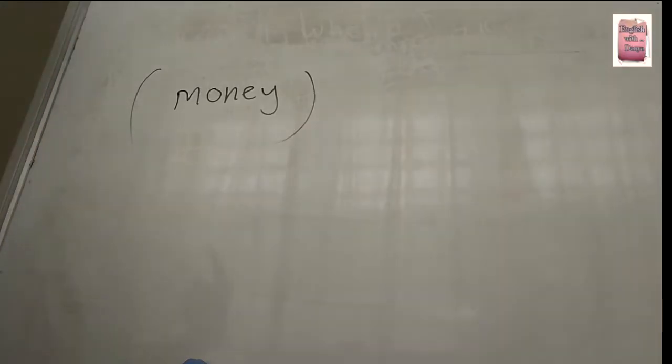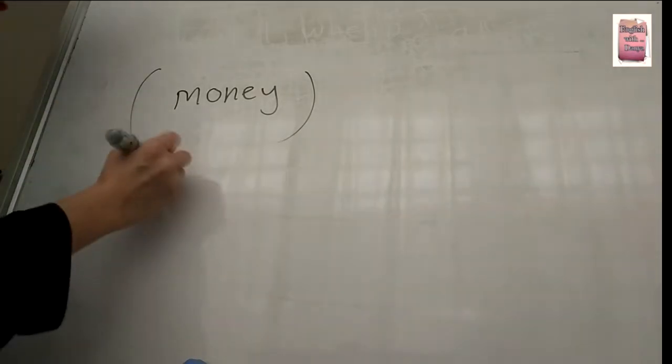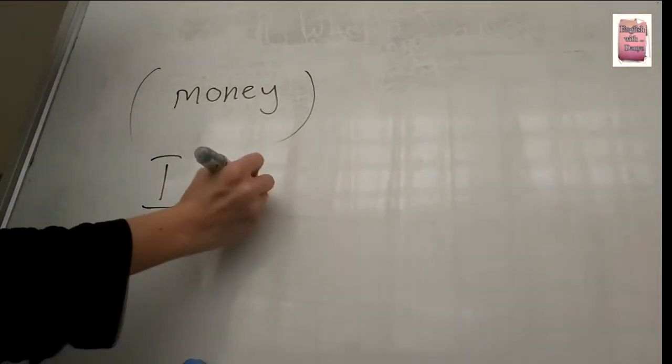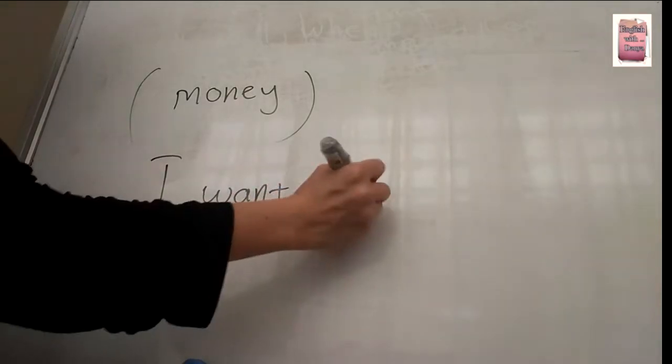If you want money, usually we say, I want, for example, $10, or I want $20. But if you don't want to specify the amount, we can just say I want some money.